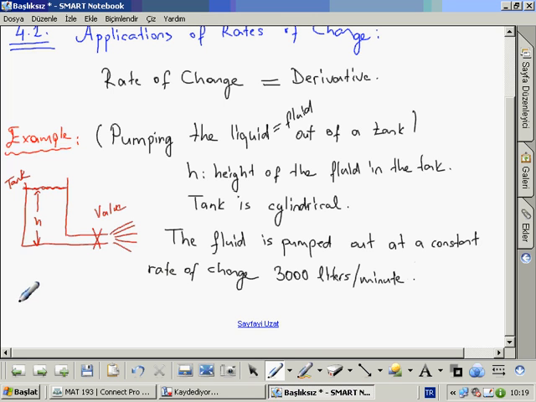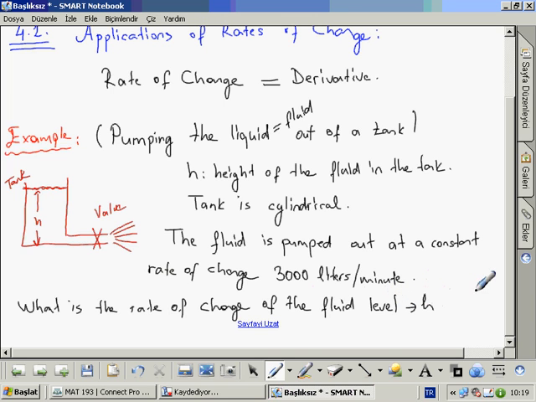And the question: what is the rate of change of the fluid level, which is h, inside the tank?